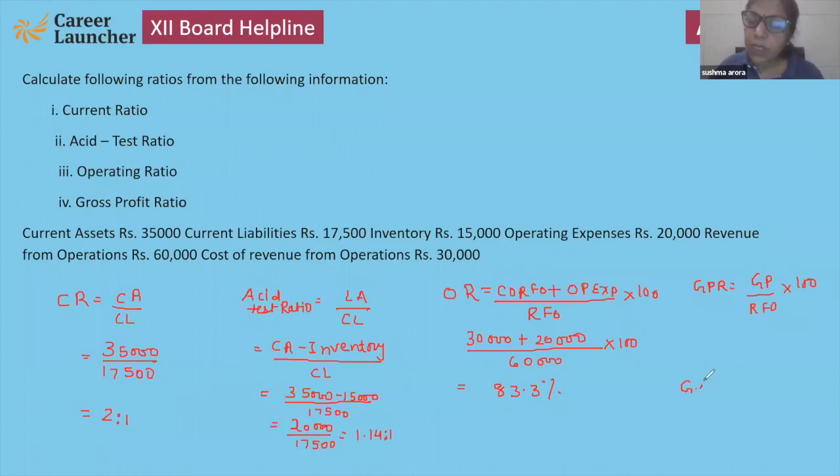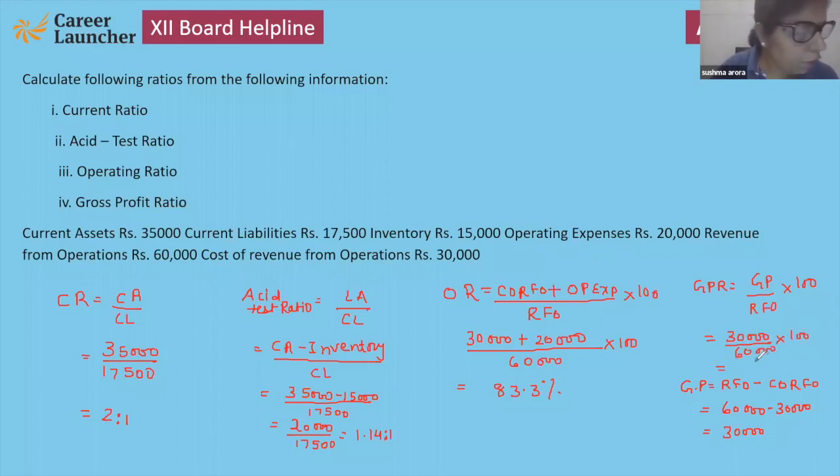GP is equal to, as I just now told you, RFO minus CORFO, revenue from operation minus cost of revenue from operation. 60,000 minus 30,000 will come 30,000. So GP is 30,000 upon RFO 60,000 into 100. So GPR will be 50%. Got it, children? GPR will be 50%.